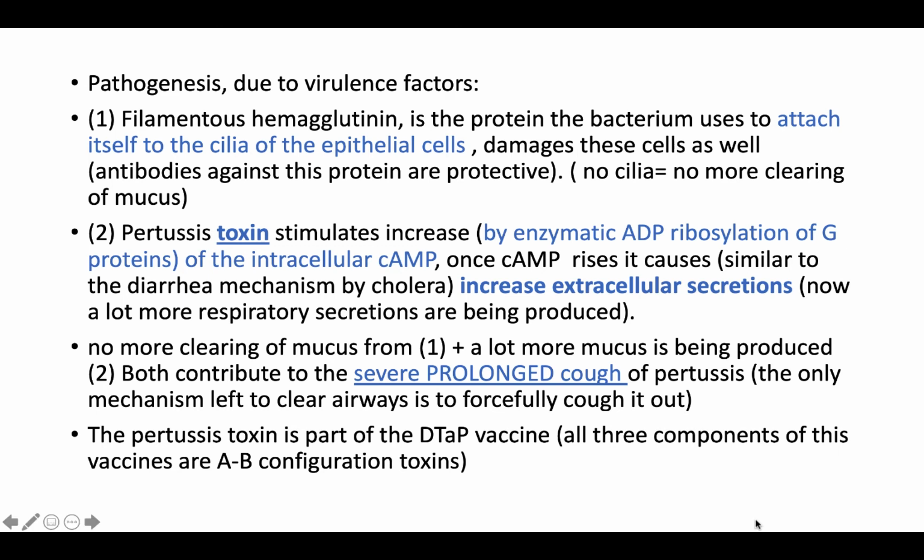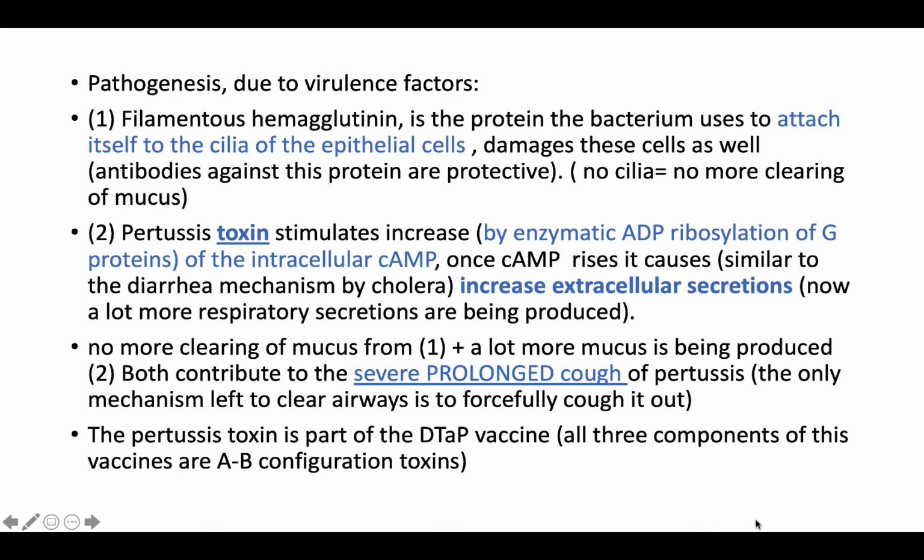So you have to do a very strong, prolonged cough, and if you open YouTube, you can hear some examples of this whooping cough.